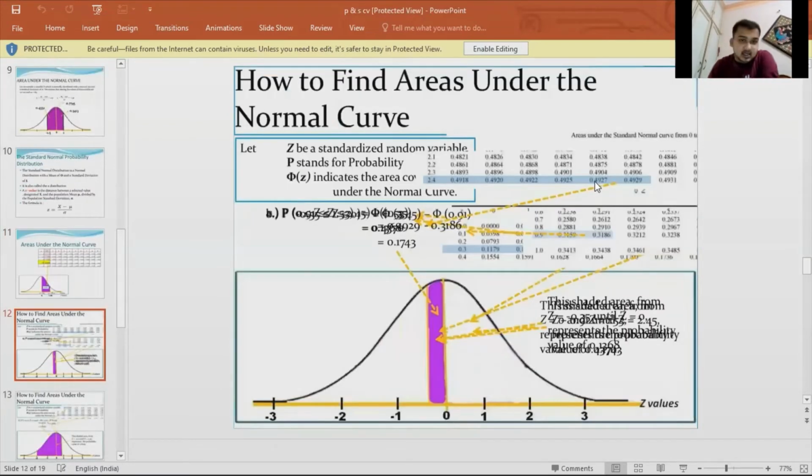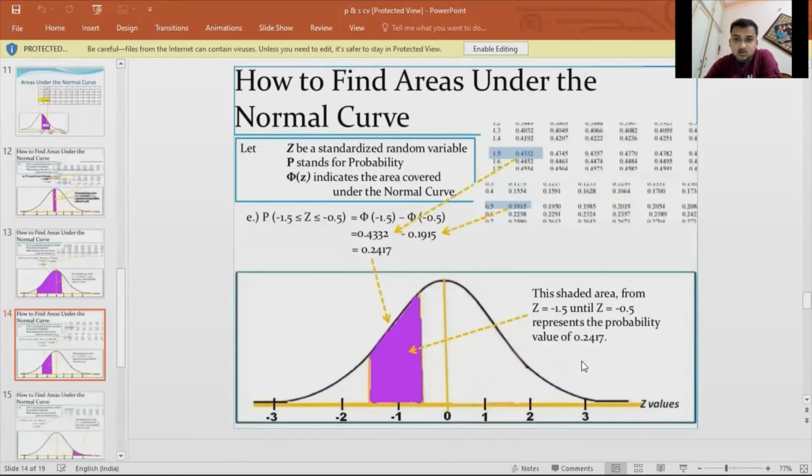How to find areas under the normal curve? Z is the standard random variable, P stands for probability, and Phi of Z indicates the area covered under the normal curve. These are the tabular values we get. The shaded area from z equals minus 1.5 to z equals 0.5 represents the required probability.